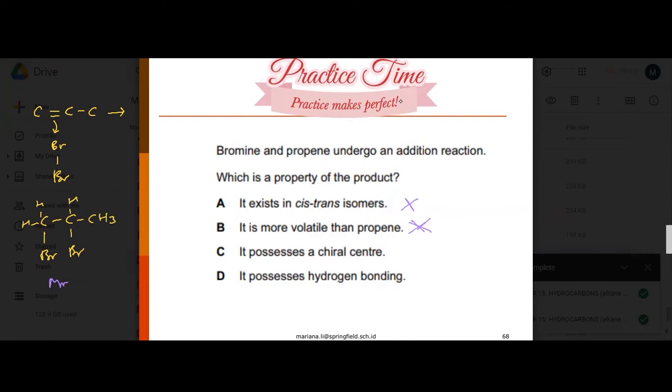So this is correct. It possesses hydrogen bonds. Not correct, since they have no F, O or N or any positive hydrogen, so there will be no hydrogen bonds.